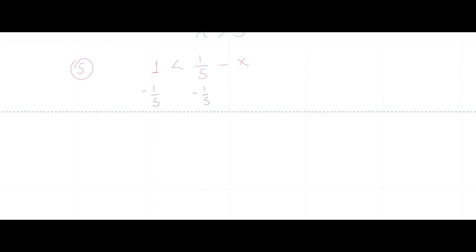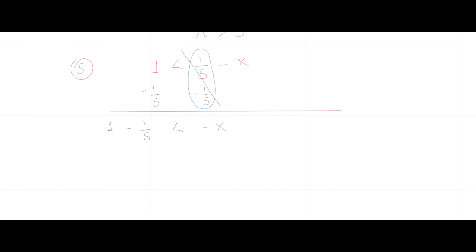It's going to be this line here. On the left side of the inequality, you've got to combine this number 1 minus 1/5. Bring down the inequality sign. These two numbers are going to be canceled out. It's going to be 0. And then you're going to bring down the x. It's going to be negative x.